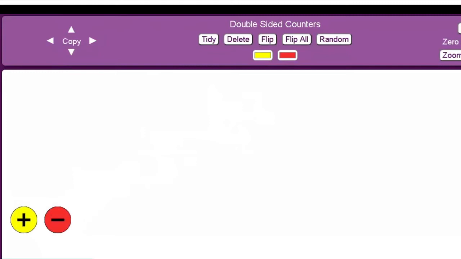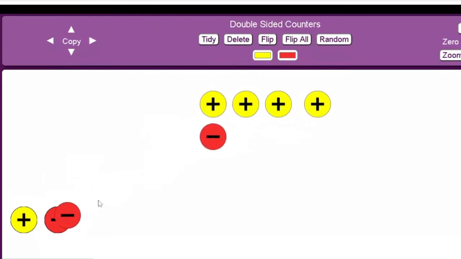Let's get 4 positives and 3 negatives. Here we go. 1, 2, 3, 4 positives and 1, 2, 3 negatives.